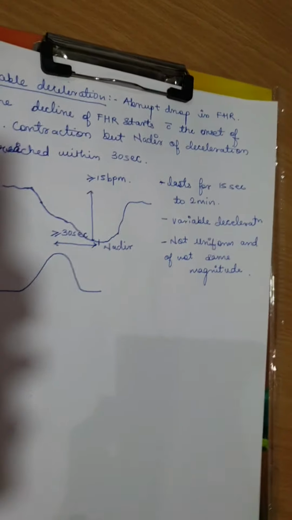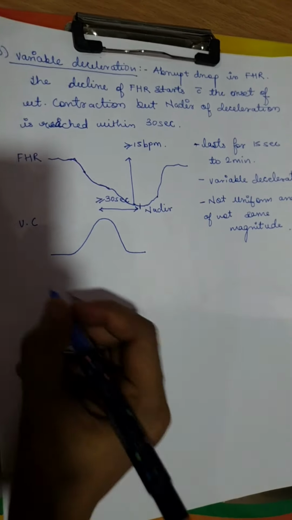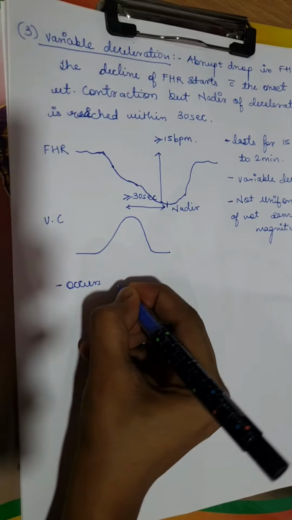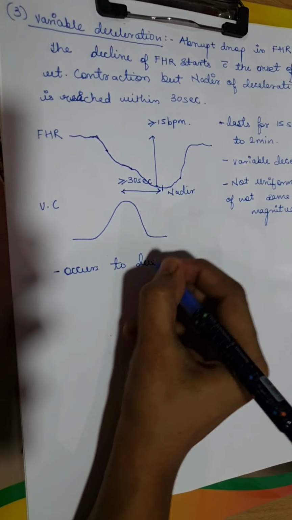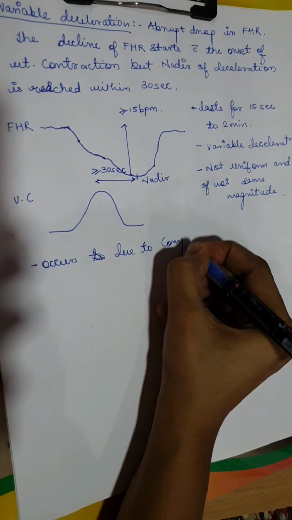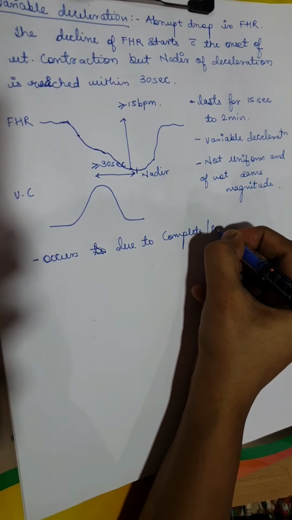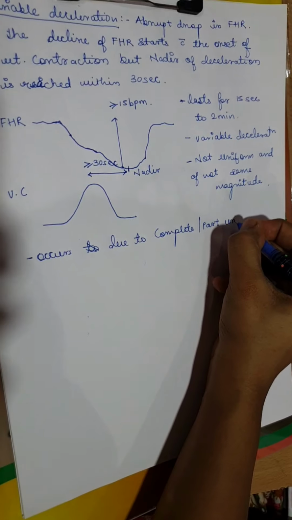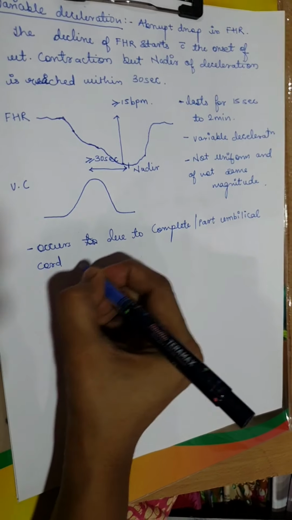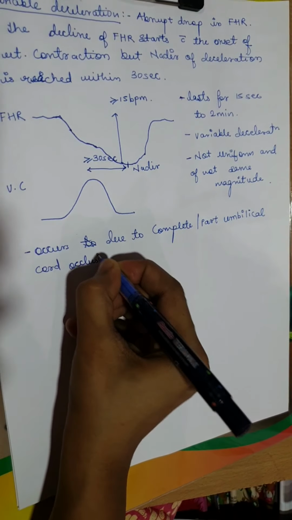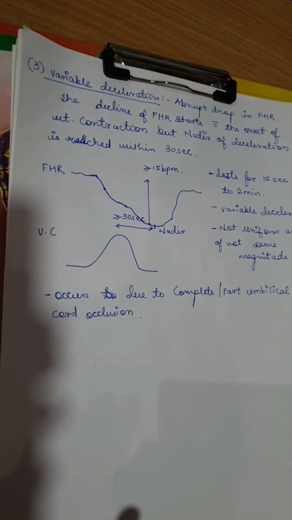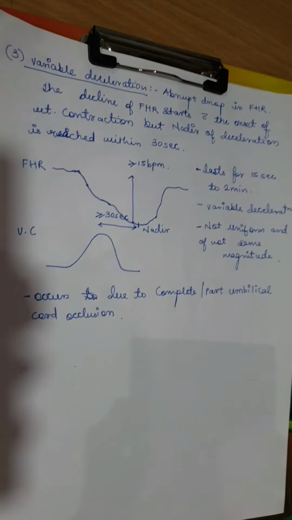Now, why does this variable deceleration occur? This occurs due to complete or partial umbilical cord occlusion. If there is complete or partial compression of the umbilical cord, we will see the variable deceleration in the graph.